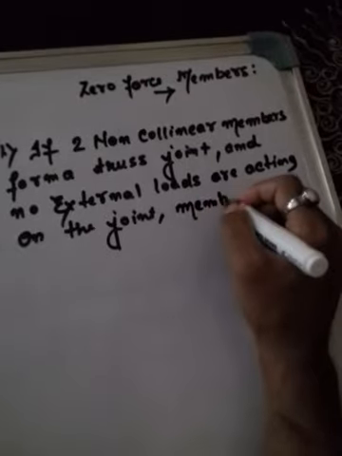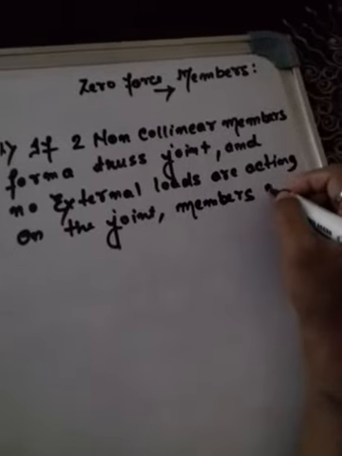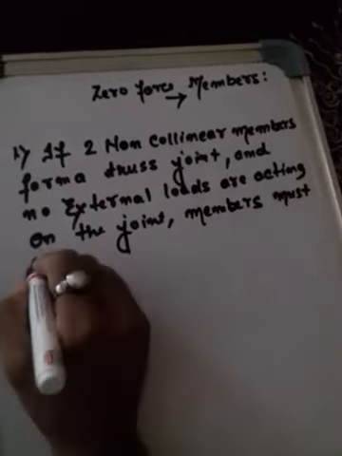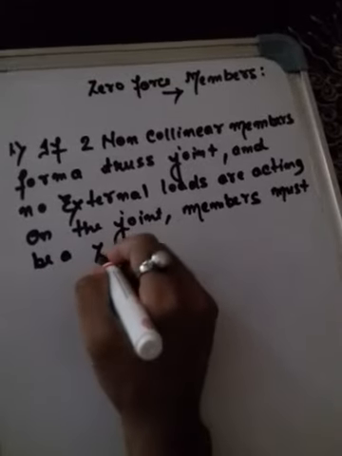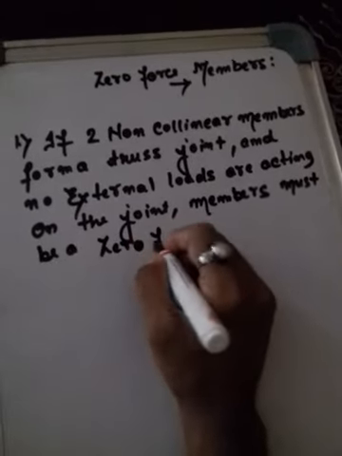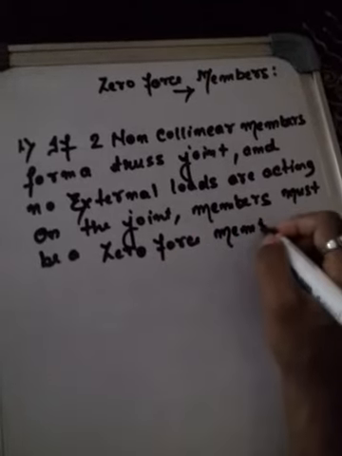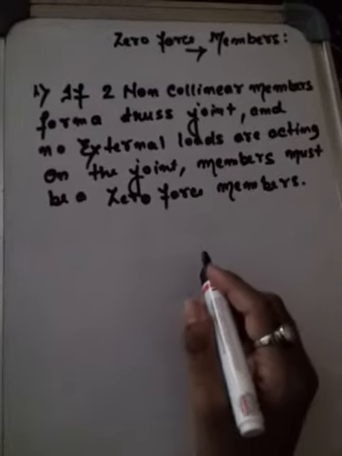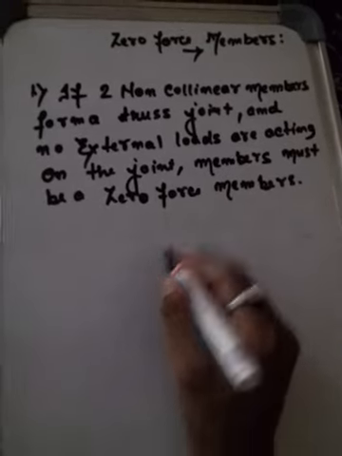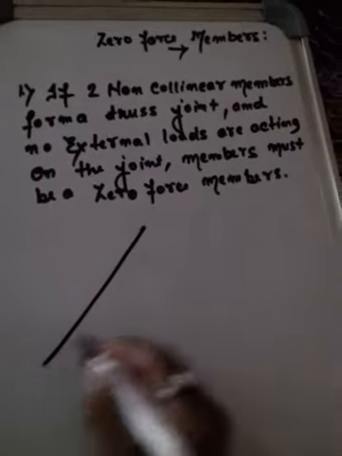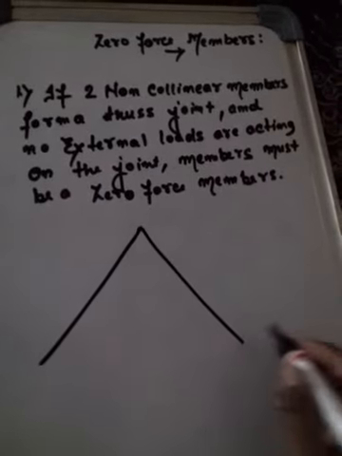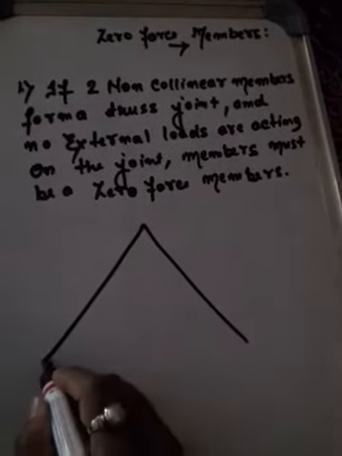So we had discussed in details. I will just give you an example. So the first case, that is two non-collinear members forming a truss joint, the example was something like this, which we had seen a few lectures back.